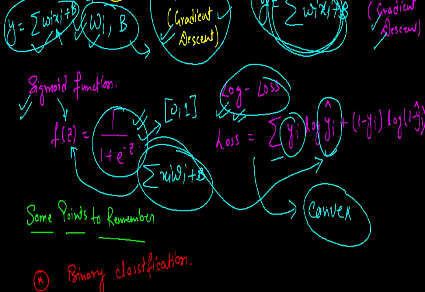The mathematicians watching this video already know that in a convex function, whenever we run gradient descent, it converges very fast. So you can just think of it as a mathematical convenience for this algorithm, basically, to achieve convergence faster.